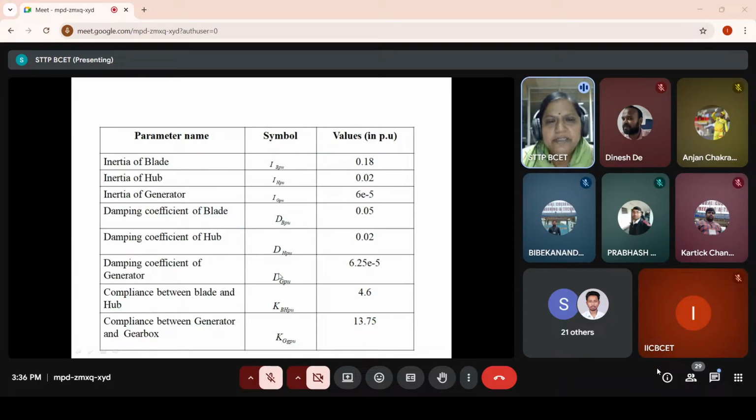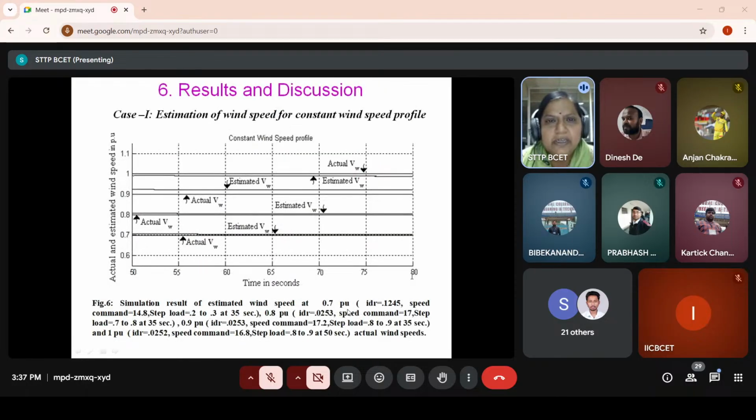The next three represent the damping coefficient of blade, of hub, of generator, and the last two represent K, that is the spring constant between blade and hub, and the spring constant between the generator and the gearbox, GG, that is generator and the gearbox. This is how these values have been chosen for calculation.